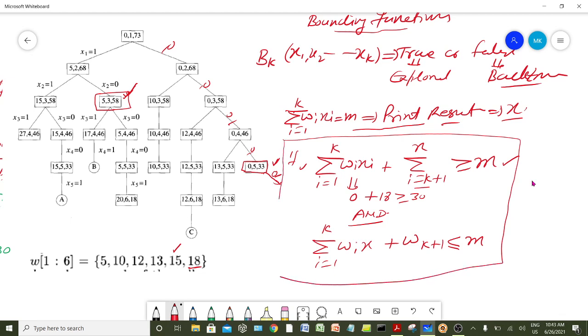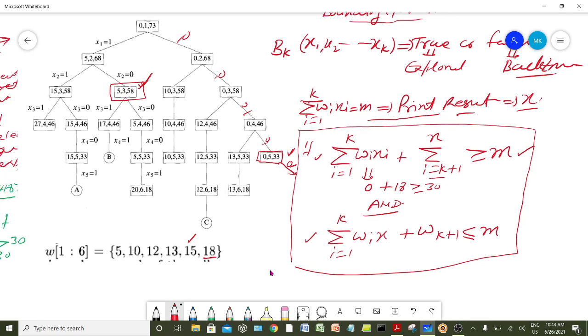Now try to have an example of this condition. Consider this node. It says that we are going to make a check whether to explore the fourth node or not. This was the path attained till now. So the weight was equal to 27 till now, and we are making a check upon the fourth one, and the total remaining weight was equal to 46.